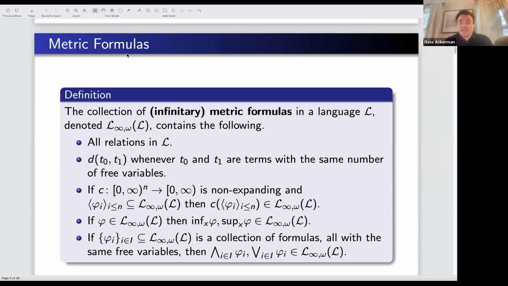Then we have the infimum and the supremum of the truth values, and these correspond to the quantifiers. And then we have the connectives. There are two different types of connectives in infinitary continuous logic. First, if I think of what a connective is classically, it's a map from some finite number of truth values to true or false.